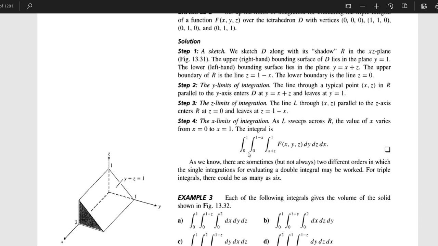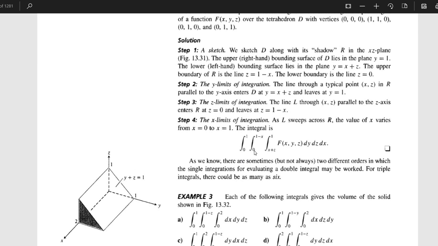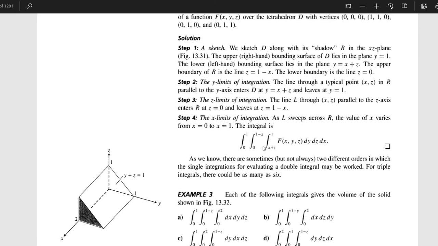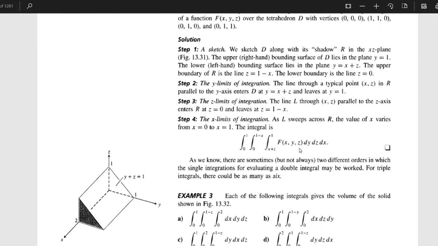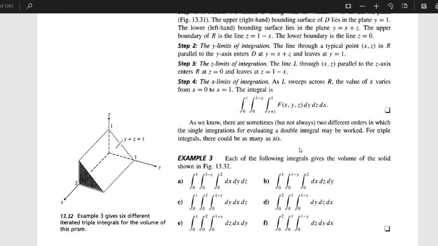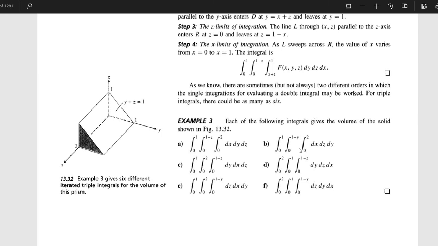So the limits of integration are x from 0 to 1, z from 0 to 1 minus x, and y from x plus z to 1, of f(x, y, z) dy dz dx. Okay. These are the limits of integration. The integral is 0 to 1, 0 to 1 minus x, x plus z to 1, of f dy dz dx.